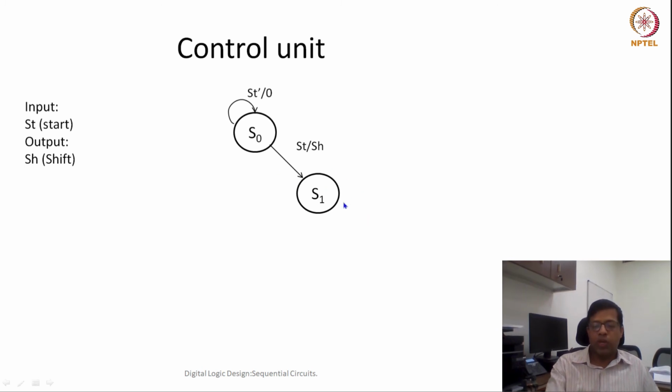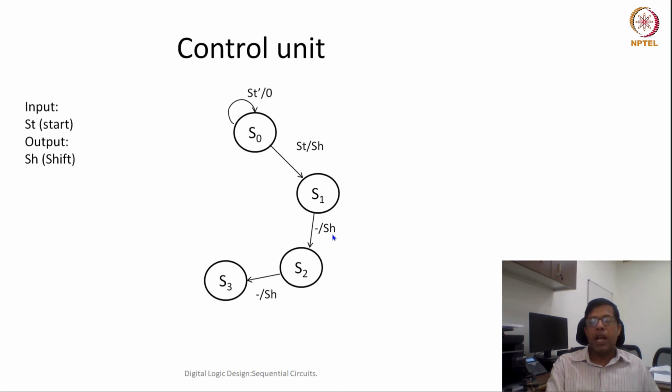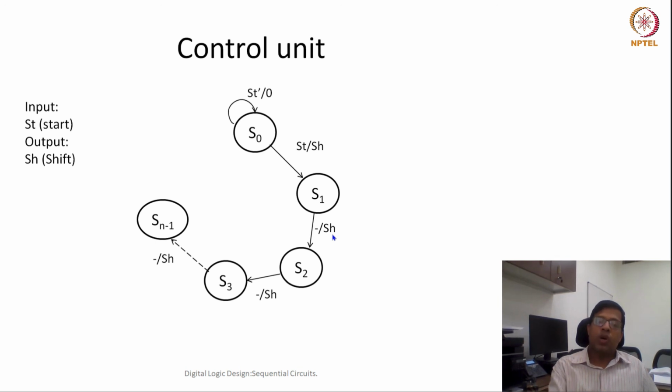a next state S1. And then after every clock cycle, it doesn't matter what the value of my start is, whether it is 0 or 1, I will always be giving SH, or basically shift, as 1. So that would keep on happening till my n-1 cycle. After n-1 states, we have computed n-1 bits.